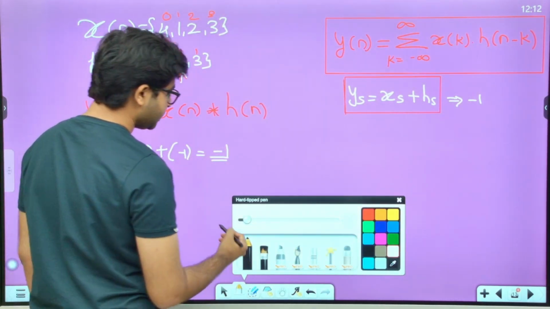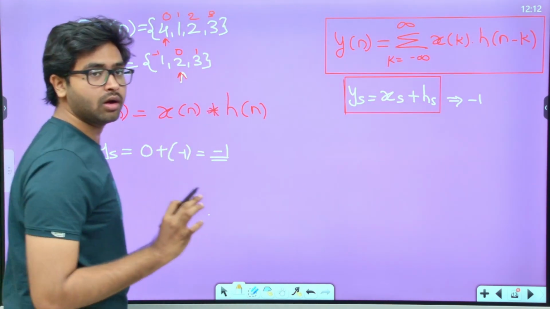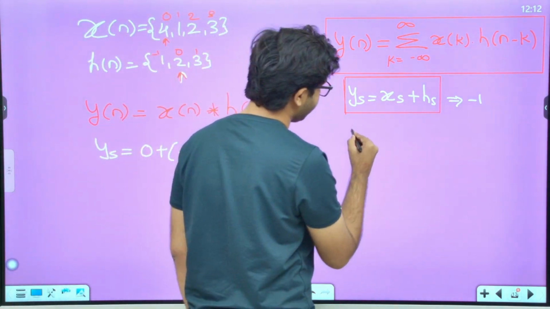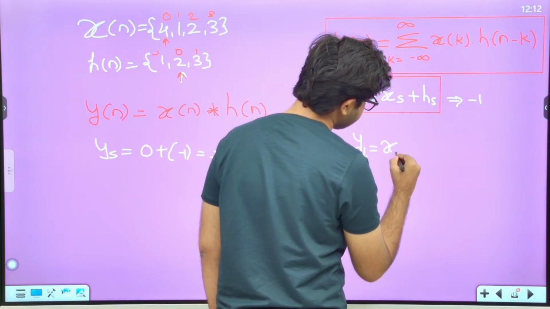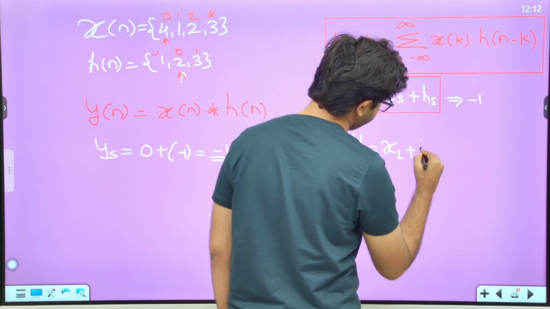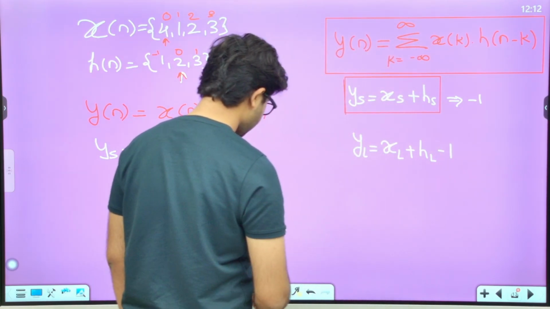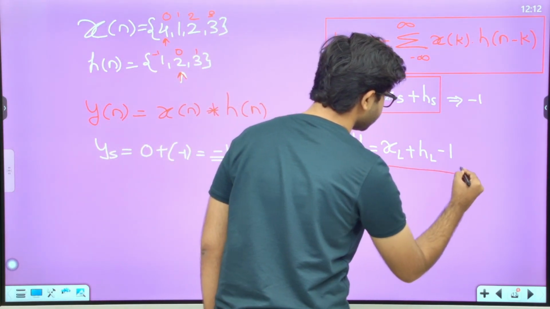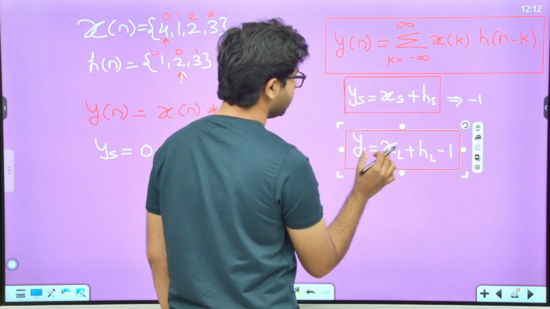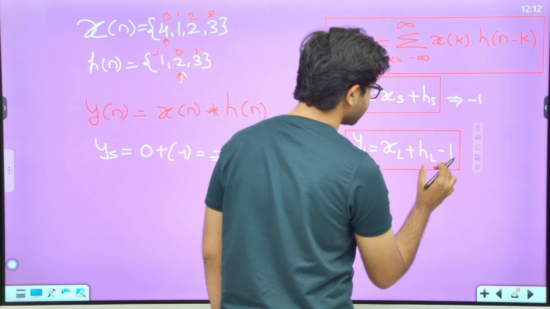The third part is the length of the convolution, y of L. The formula is x of L plus h of L minus 1: the length of x plus the length of h minus 1.